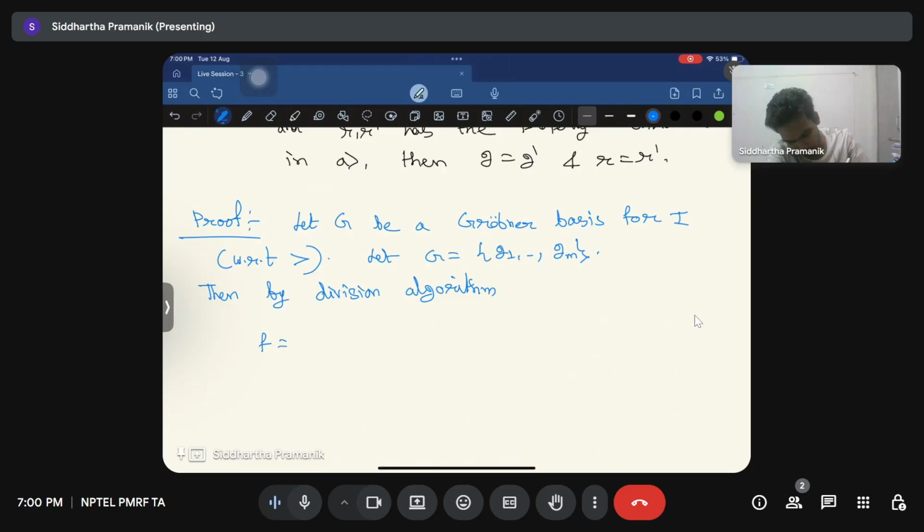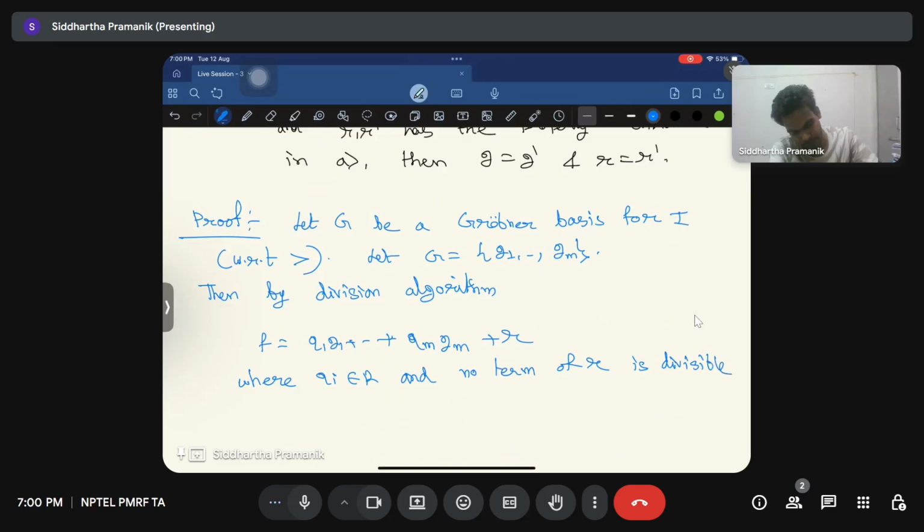if we divide F by this Grobner basis G, we will get some Q1 G1 plus up to Qm Gm plus R, where each Qi belongs to the ring and no term of R is divisible by the initial term of Gi for all i.